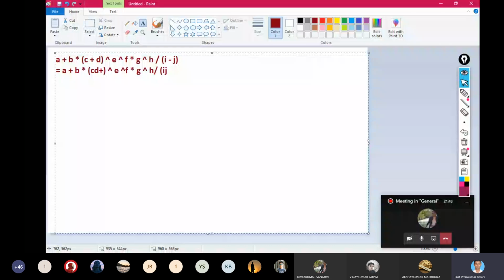So is this clear? So in the first step, I have converted the sub part of the expression into postfix notation, and once you convert it to postfix, you can remove the parenthesis, right? But when you remove parenthesis, you have to take care that you consider this as one operand, right? Now let me underline it.